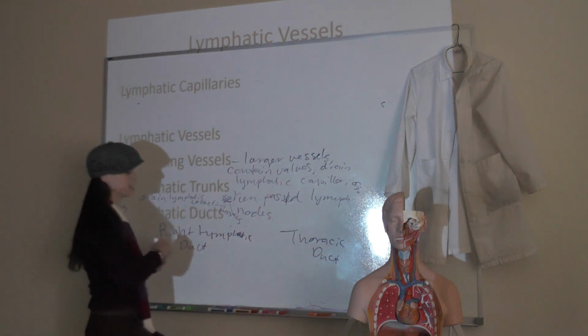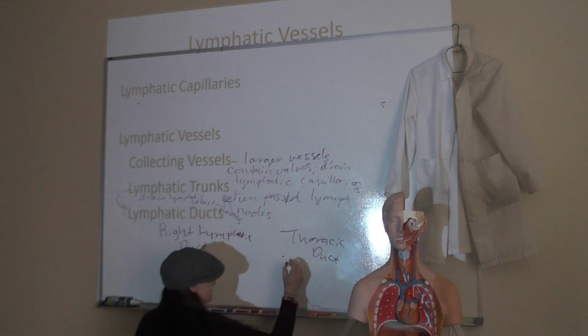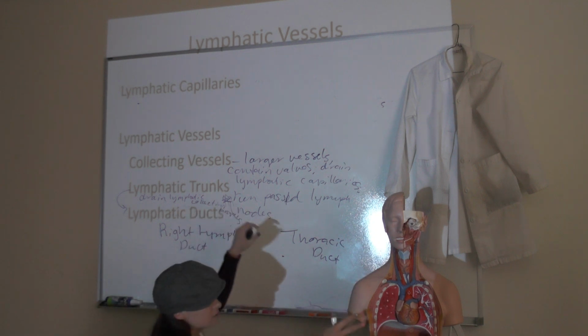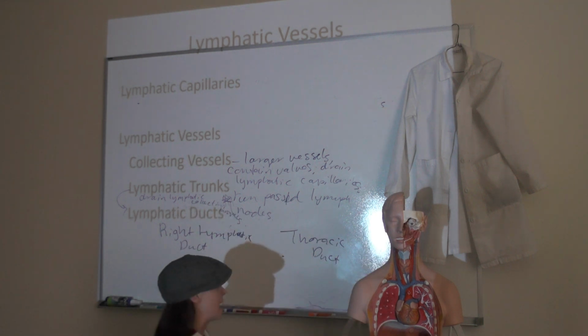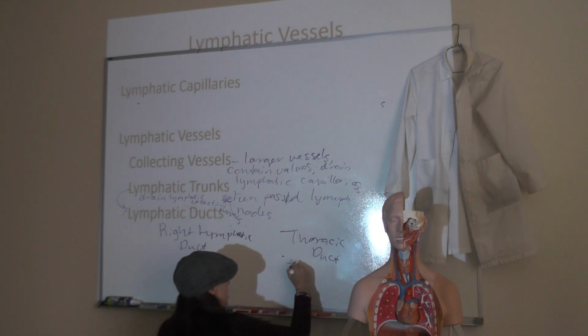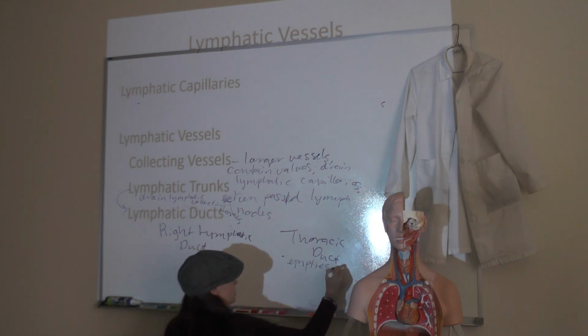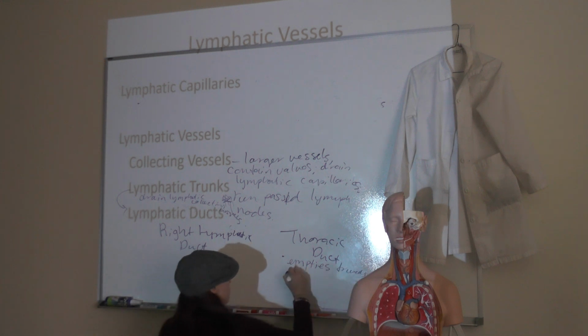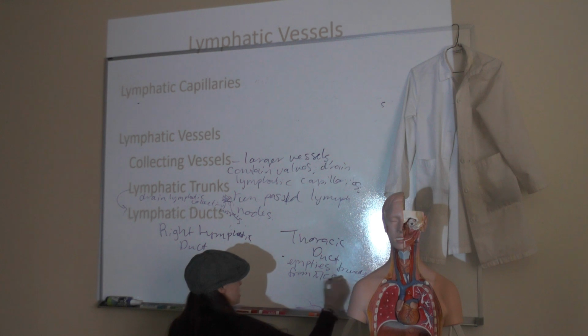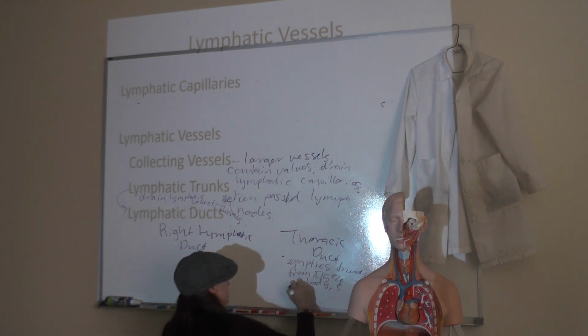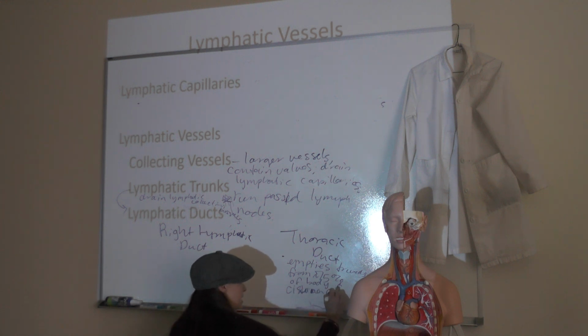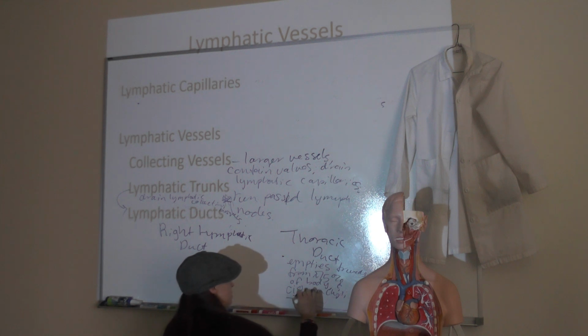So our thoracic duct is going to empty the trunks that serve like 75% of the body. So the thoracic duct empties the trunks from about 75% of the body, and the cisterna chyli, into the left subclavian vein.